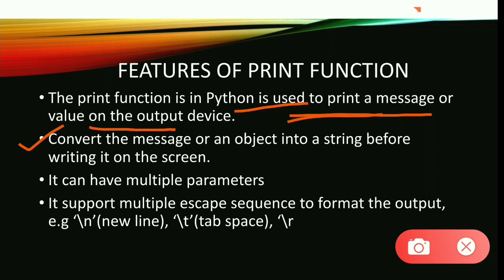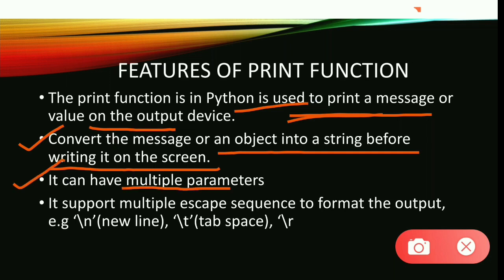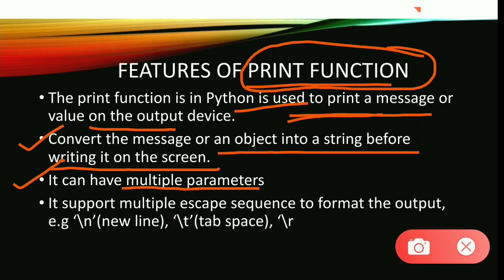It converts the message or object into a string before writing it on the screen. Okay, it can have multiple parameters. Means within the print function we can write multiple parameters. Okay, it supports escape sequences to format the output. Means we can take the example of new line, tab space, etc.